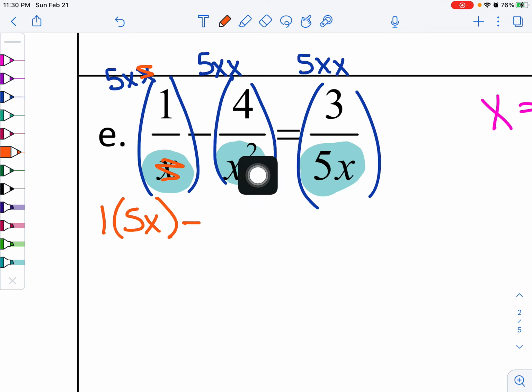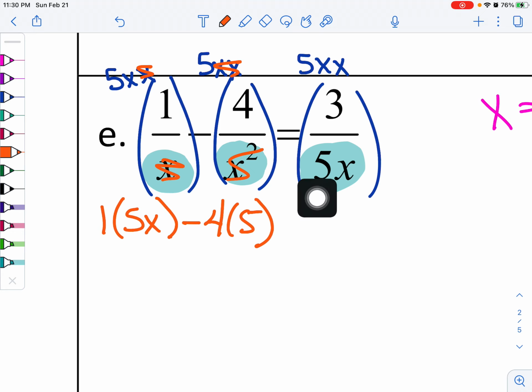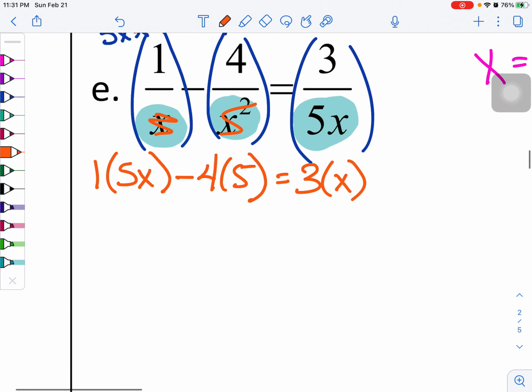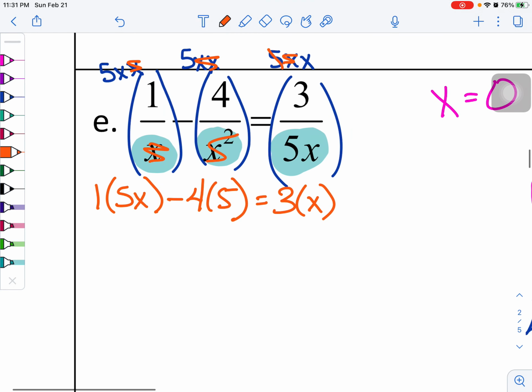And we're going to have 1 times 5x minus this x squared will take out both of those x's, leaving behind the 5, so we're going to have minus 4 times 5. And then this denominator of 5x will clearly eliminate a 5 and an x. So 5 is gone and the x is gone, leaving behind 3 times x.